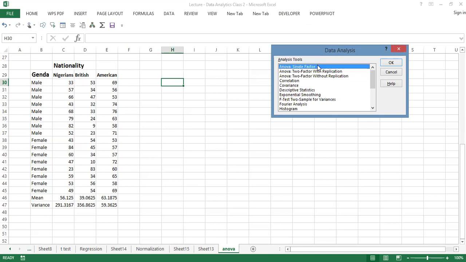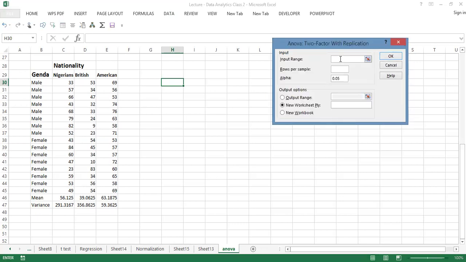We have ANOVA single factor, ANOVA 2 factor with replication, ANOVA 2 factor without replication. I've already explained the type of ANOVA we are doing. Which one? ANOVA with replication. So we are going to use this. That's right. 2 factor with replication.